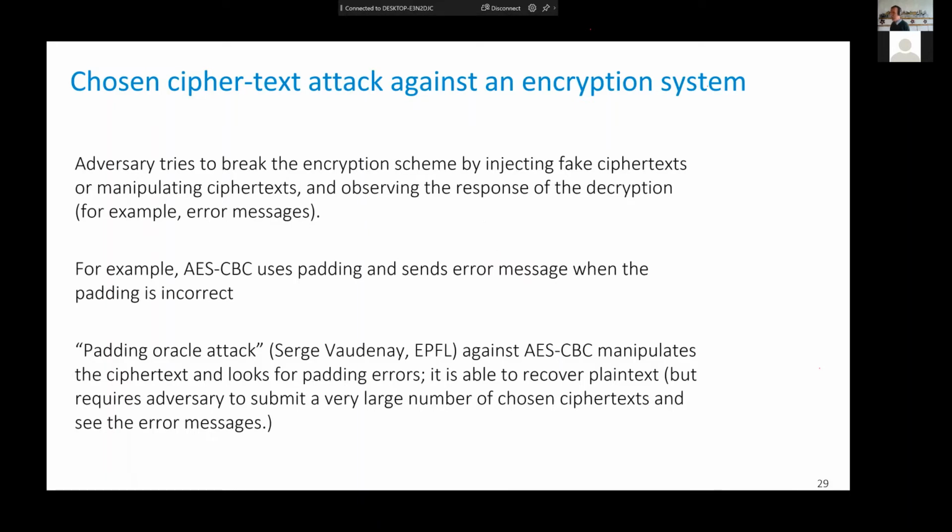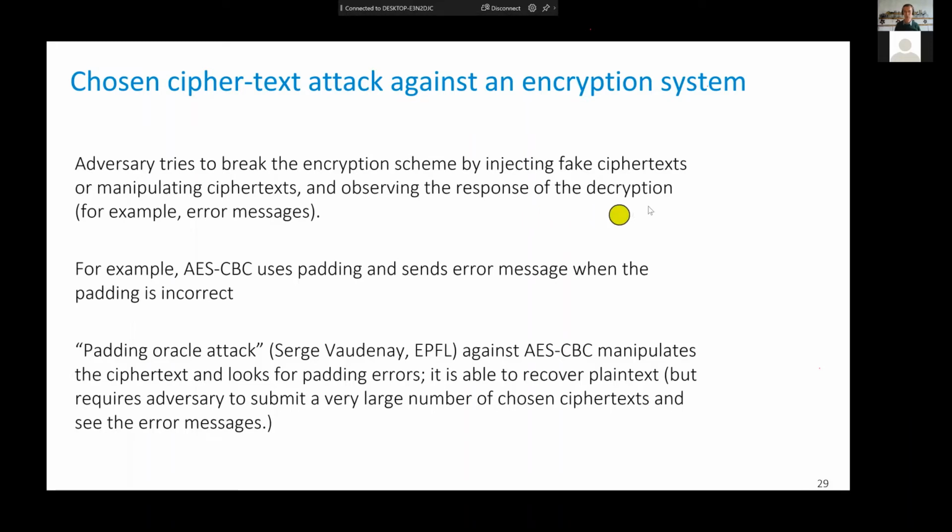So far we have seen that encryption is in principle unbreakable because it shuffles the message so well that if we don't know the secret key, we're not able to recover the message.